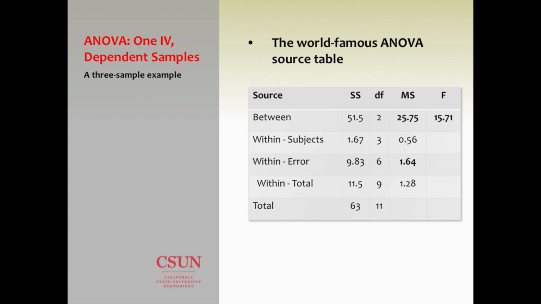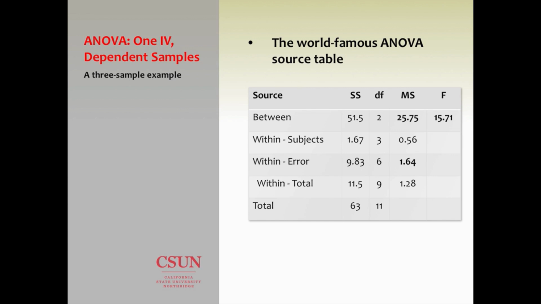Same thing with the within groups total there: the 1.28 mean square, the sum of squares 11.5, and degrees of freedom 9. Those values, again, we didn't calculate, and we didn't need to, but we can pull them from SPSS if, let's say, we're writing up a report and this world-famous source table is requested, because it's sort of customary for psychologists to see this as a summary chart at the end of an ANOVA.